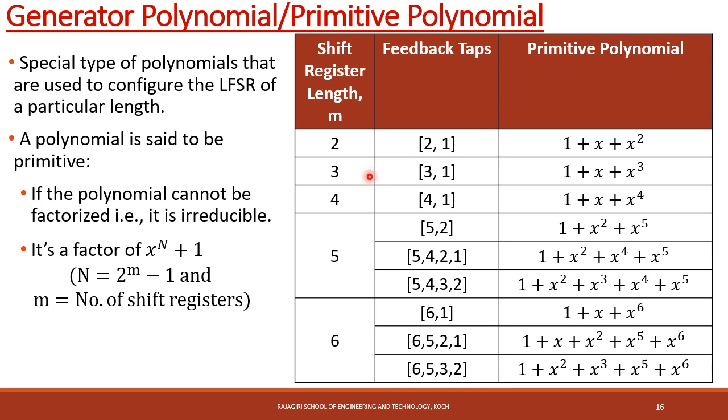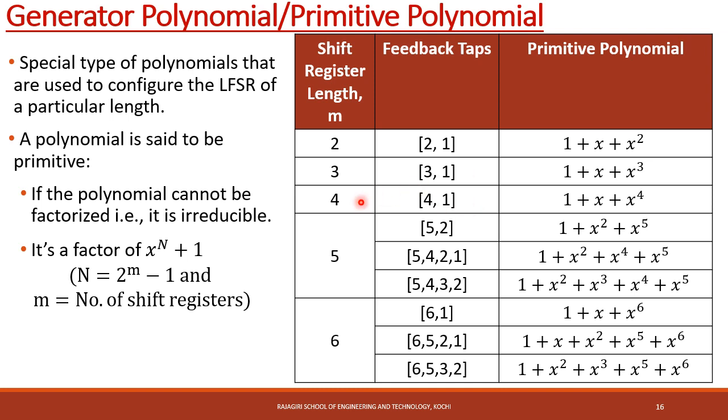Now, for m equal to 3, the value of n is 7. The factor of x raised to 7 plus 1 is given by x cube plus x plus 1. Now, the powers are 3 and 1. Therefore, the feedback taps are 3, 1.